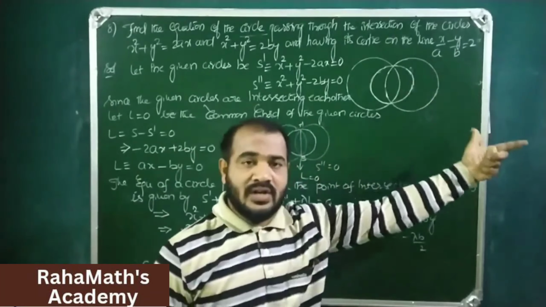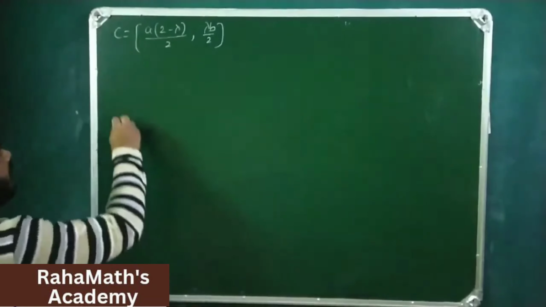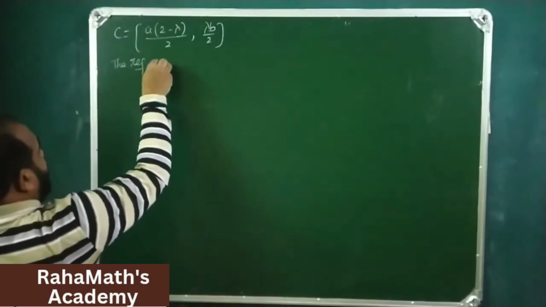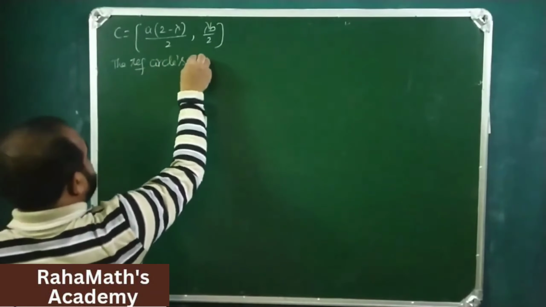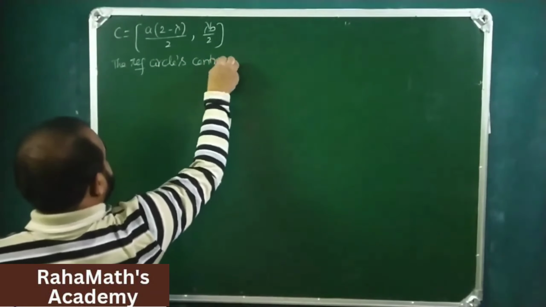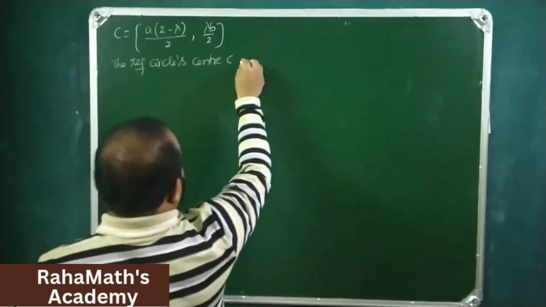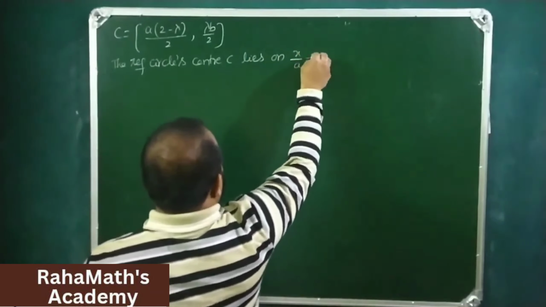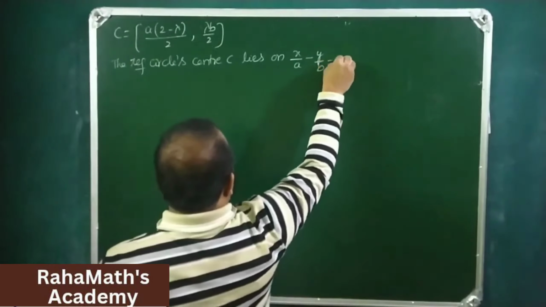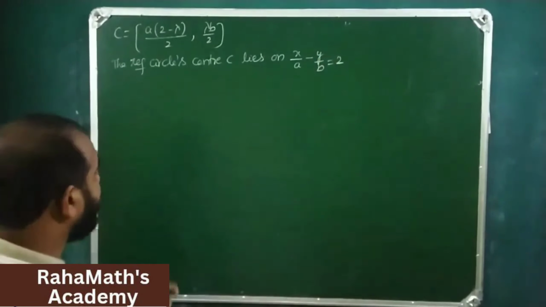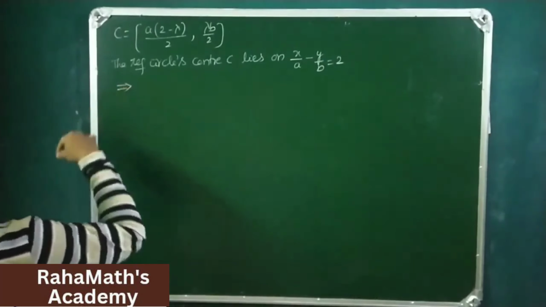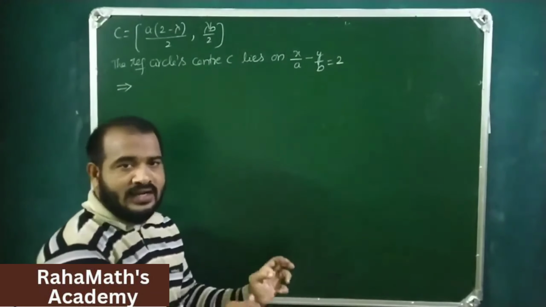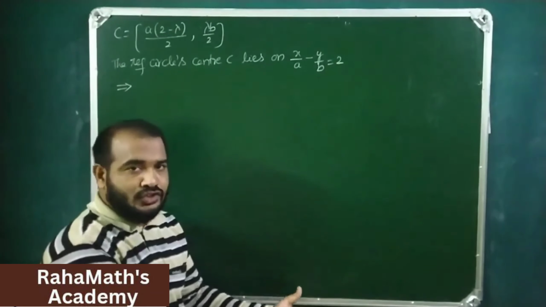So if I substitute, the required circle's center C lies on x by a minus y by b equals 2. Whenever a point lies on a line, the point has to satisfy the equation of the line.